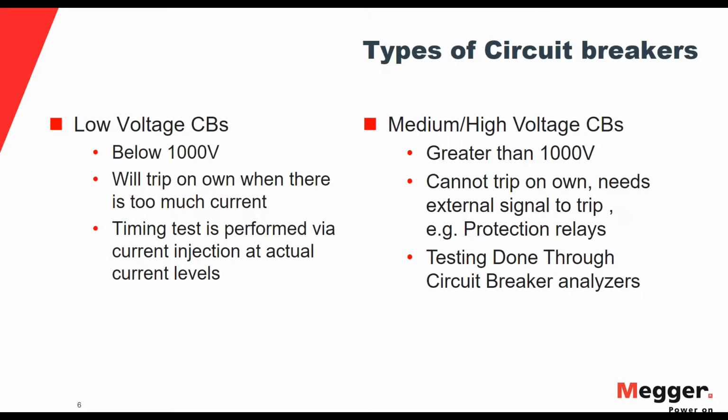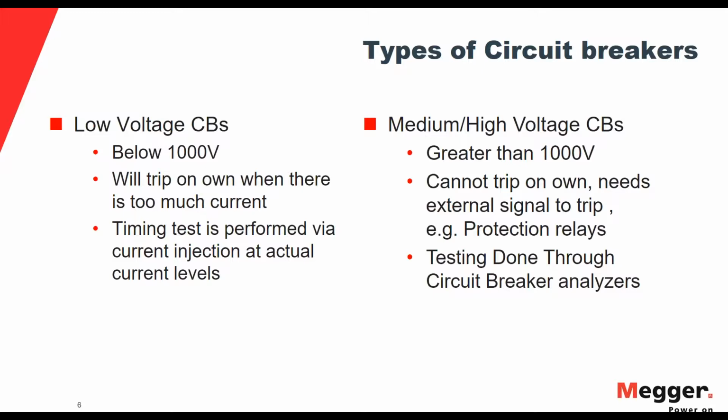So in order to make it more focused on high voltage circuit breakers, I will divide circuit breakers into two categories. Low voltage circuit breakers, which are usually below 1000 volt.